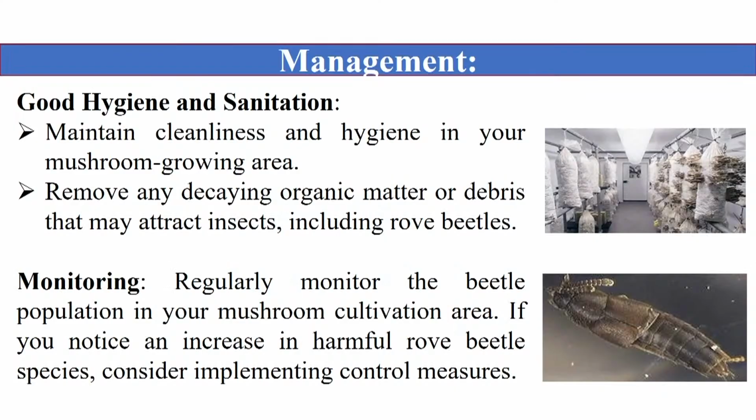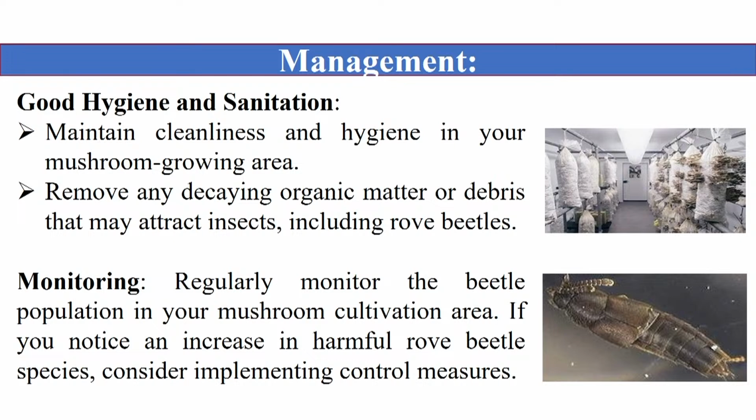Now about the management of rove beetles. Good hygiene and sanitation practices are very important around the growing area of the mushroom. Maintain cleanliness as well as hygiene in your mushroom growing area. You have to remove any decaying organic matter as well as debris that may attract insects, including rove beetles. Monitoring is also very important.